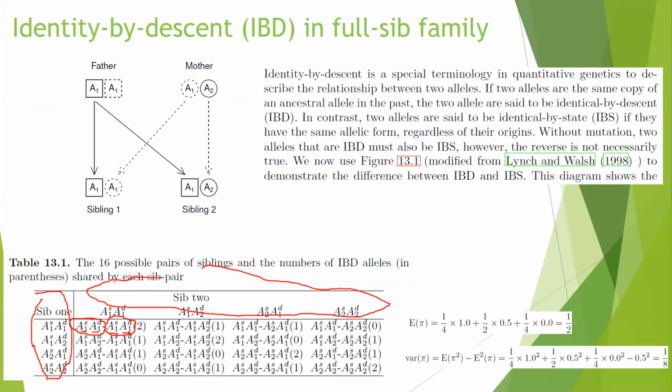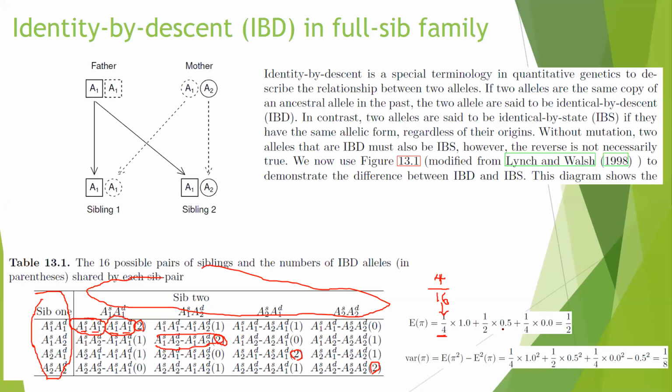So both alleles are IBD for these two sibs, and we put 2 here. In this situation there are 2 IBD alleles, and this is the same for this one. That's why we see a 2 in the parentheses here, another 2 here, another 2. So out of 16, there are 4 possibilities for this situation, which is 1 over 4.